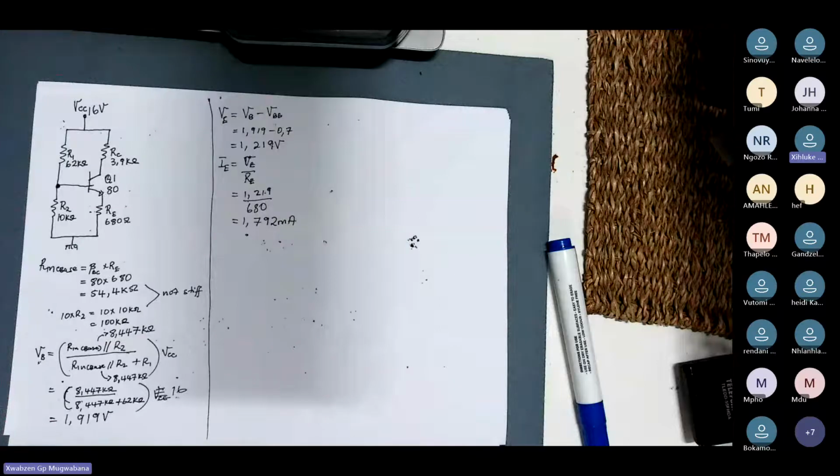Now, we check if, in the statement where we are given that we must assume, IE is equivalent to IC or IE is not equivalent to IC.